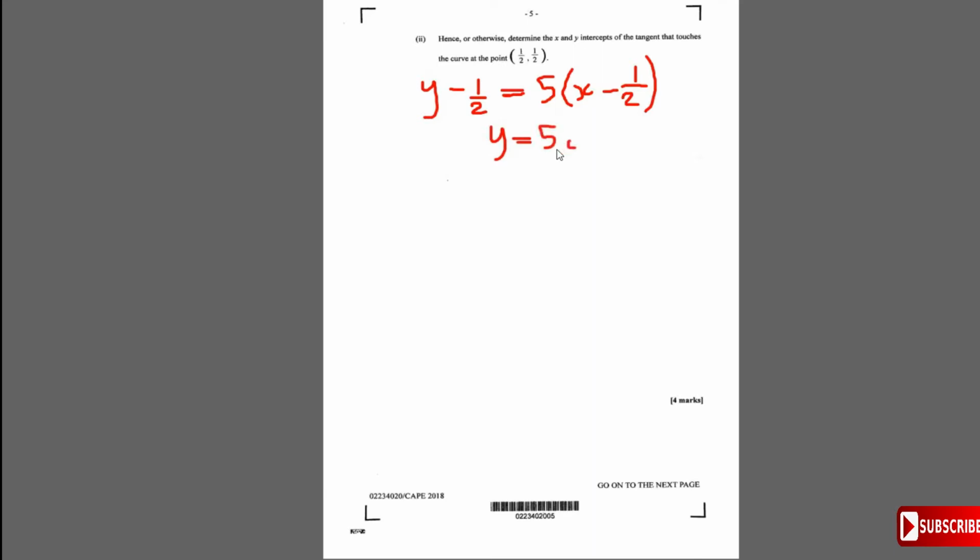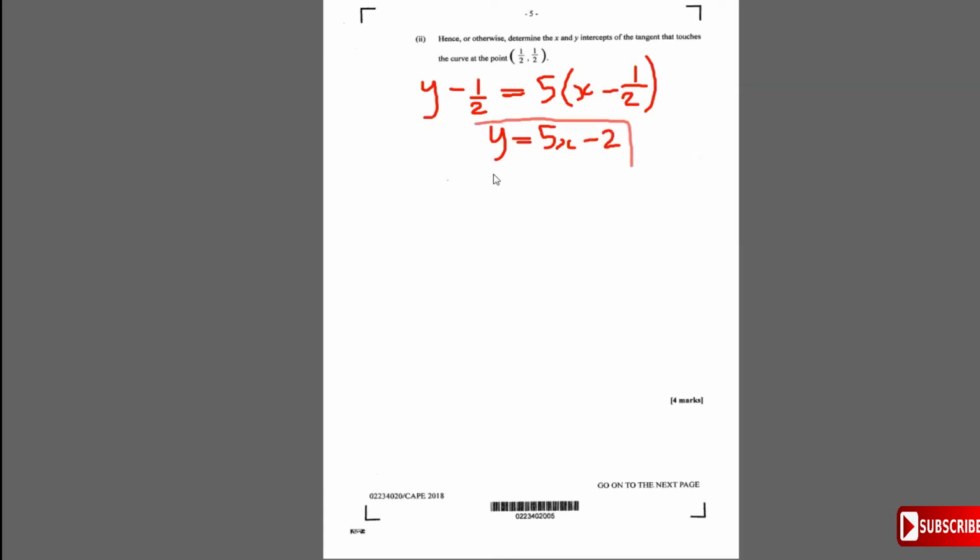Then I have 5 times minus a half is minus 5 over 2. And I add a half to minus 5 over 2, so 0.5 plus minus 5 over 2, and I get minus 2. So the equation of the tangent is 5x minus 2.